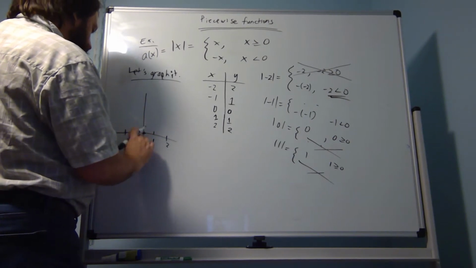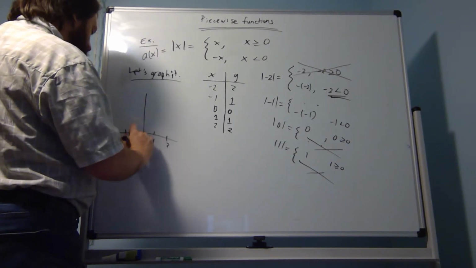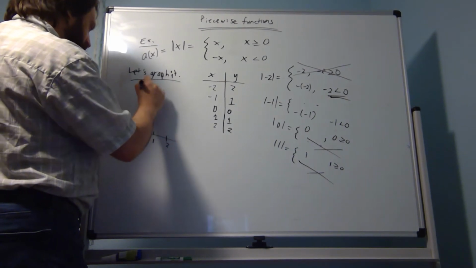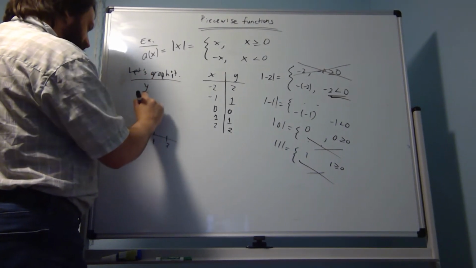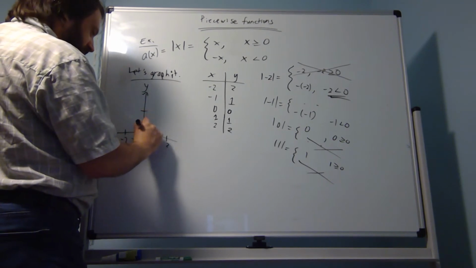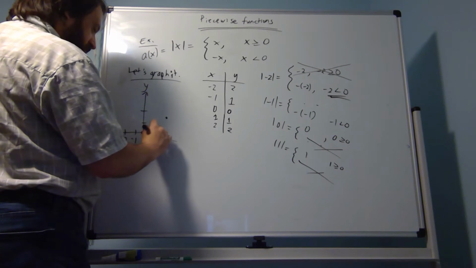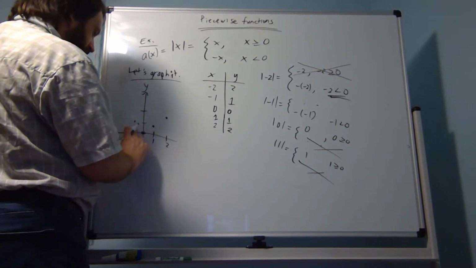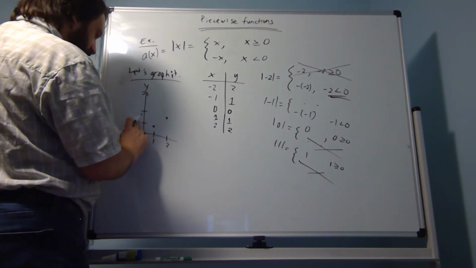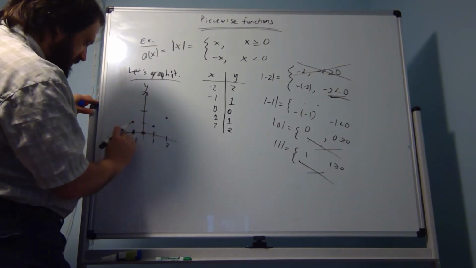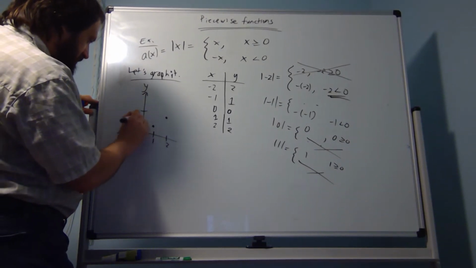You need at least this many points to be kind of certain that you have the right pattern. If you do it very carefully to scale, you have your (1, 1) and your (2, 2). The scale is a little bit smashed over here, but let me make sure it's not deceptive.